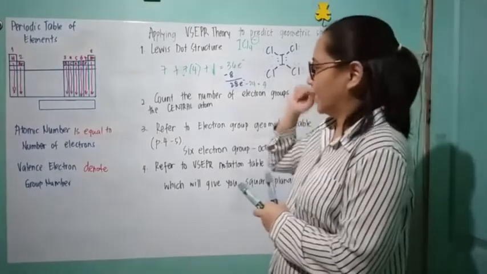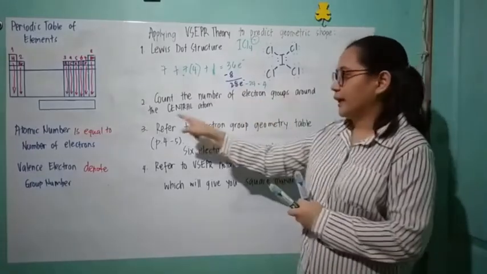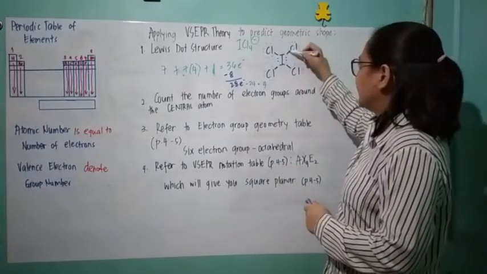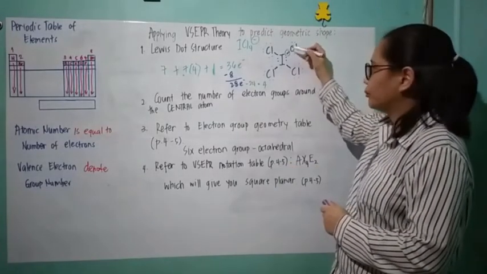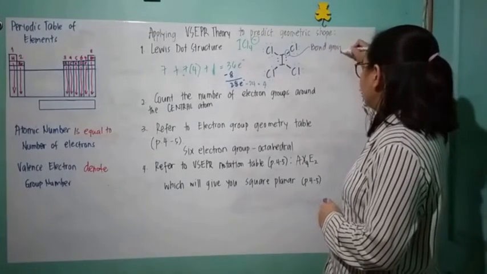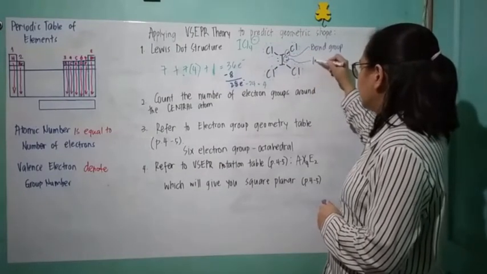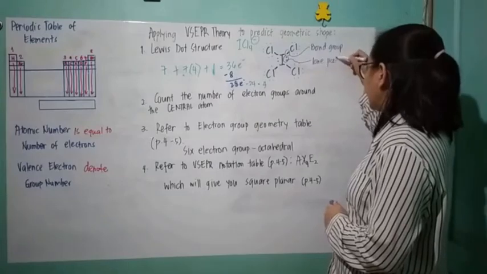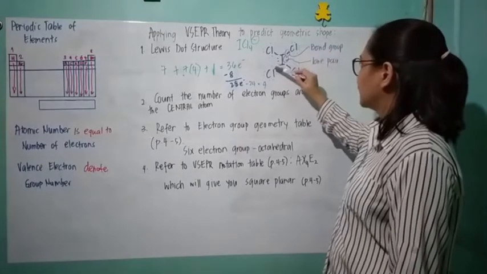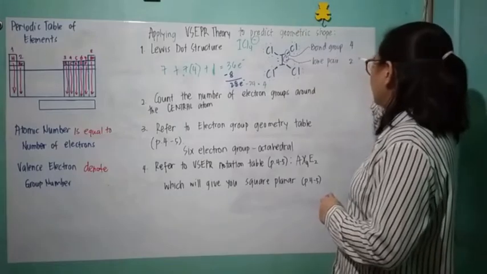Going to the next step, step 2: count the number of electron groups around the central atom. These are electron groups. This is a bond group, and this is a lone pair. Counting it, you have 4 bond groups and 2 lone pairs.